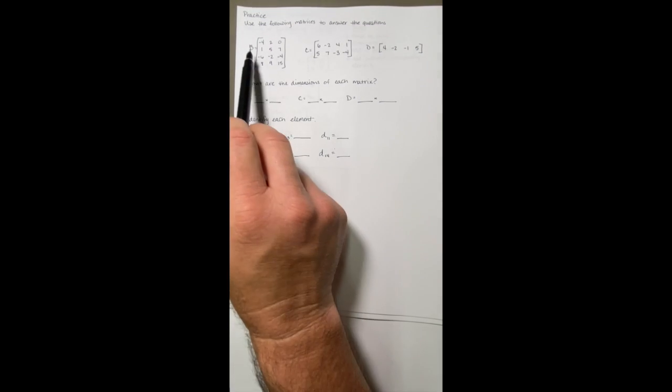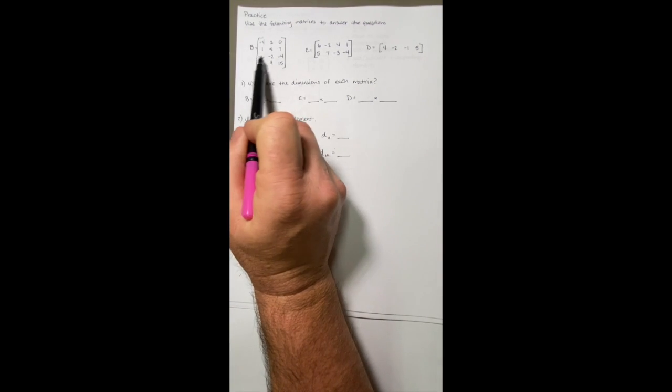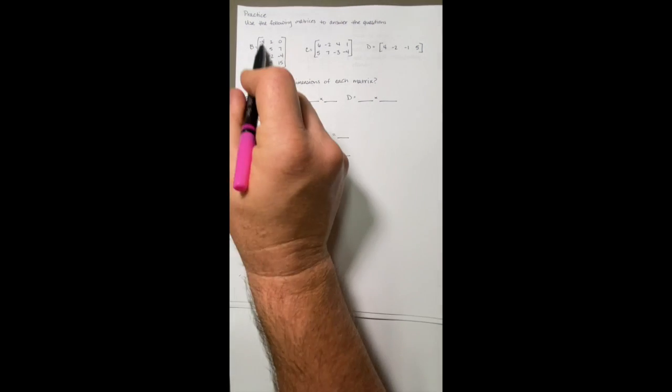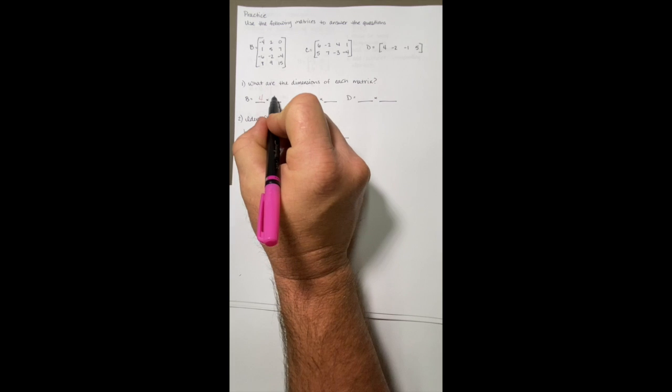So now, these are the 3 different matrices that I'm giving you. What are the dimensions of each matrix? So matrix B, what are the dimensions? Remember, it's rows and then columns. There are 1, 2, 3, 4 rows, and then 1, 2, 3 columns. So let's say 4 by 3.